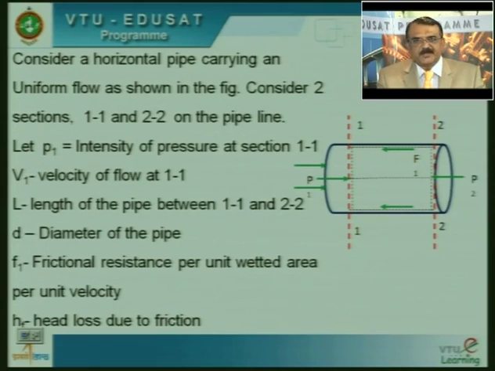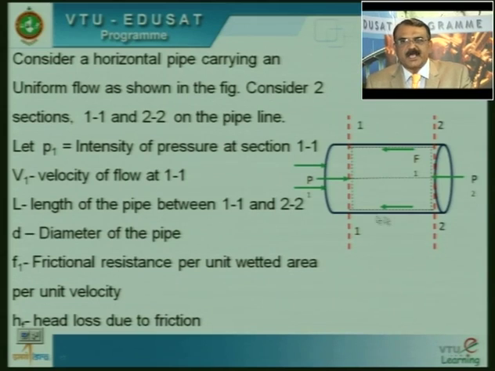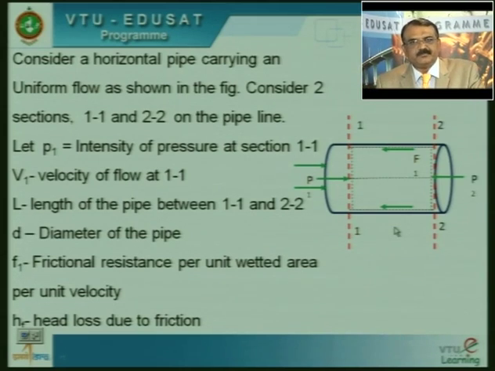In order to derive an equation for this head loss due to friction, consider a horizontal pipe carrying a fluid Q. On this pipeline, I consider two sections, section 1-1 and section 2-2.